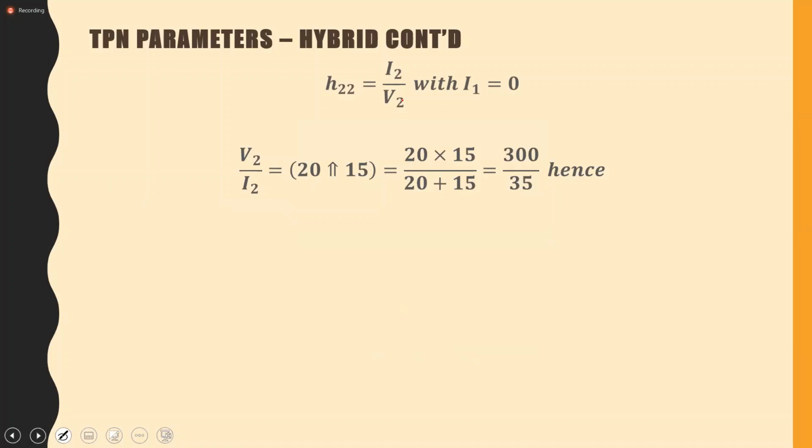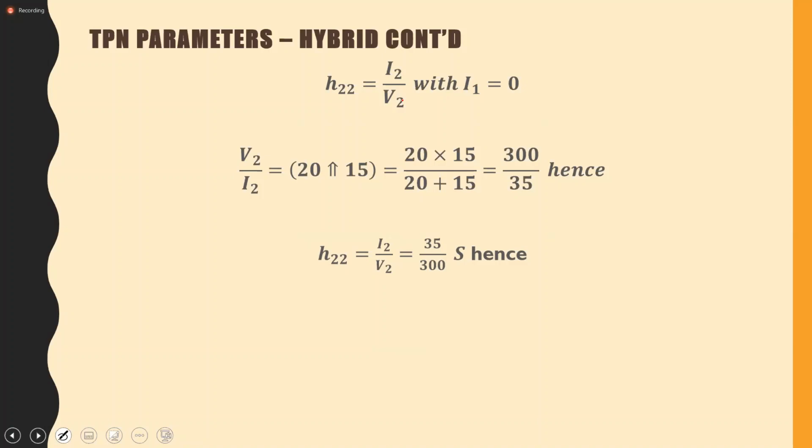So V2 over I2 is 300 over 35, or H22, which is I2 over V2, a reciprocal, is equal to 35 over 300. If you want to simplify it, be my guest. But because I have a couple of things up my sleeve, I'm going to leave it as 35 over 300.